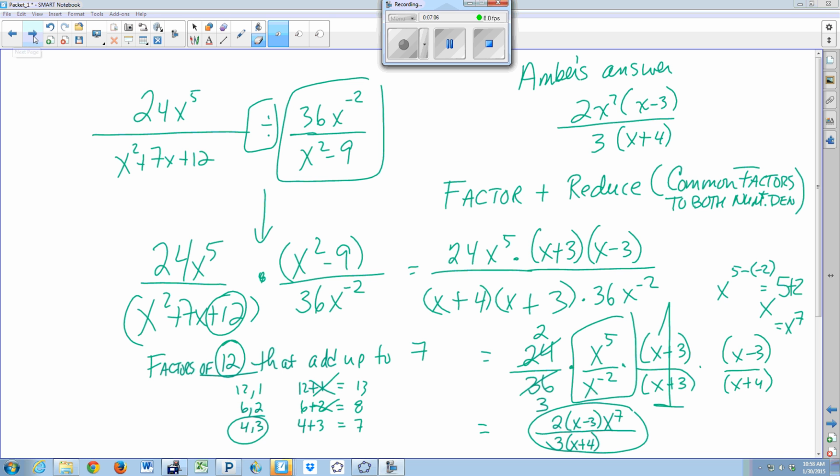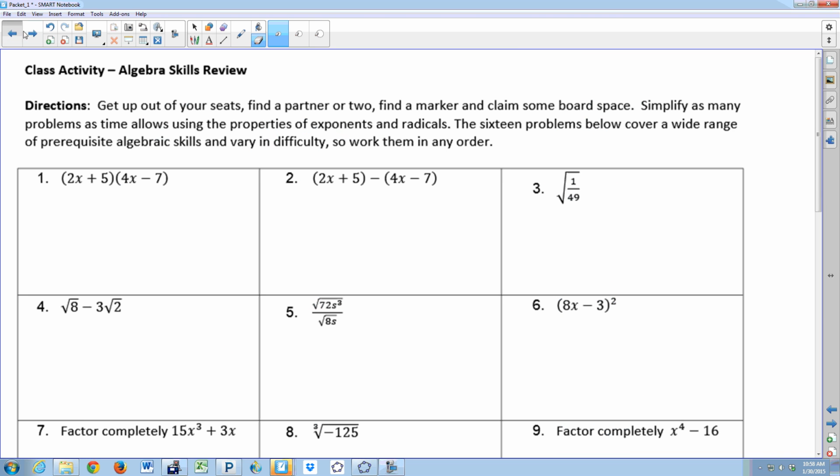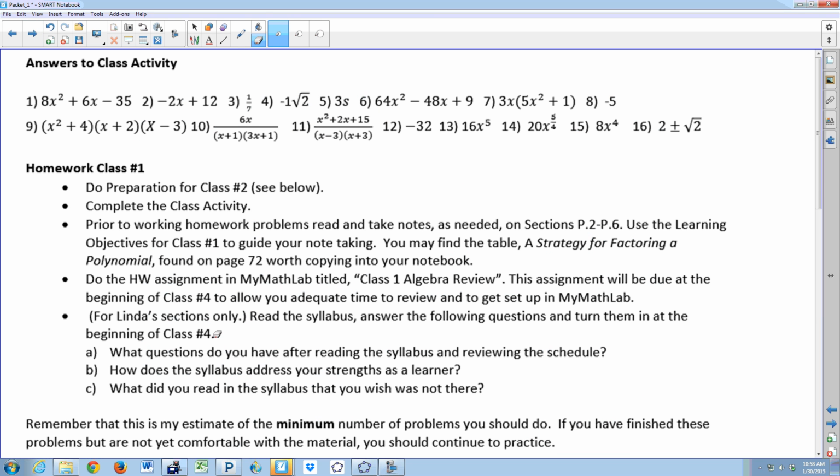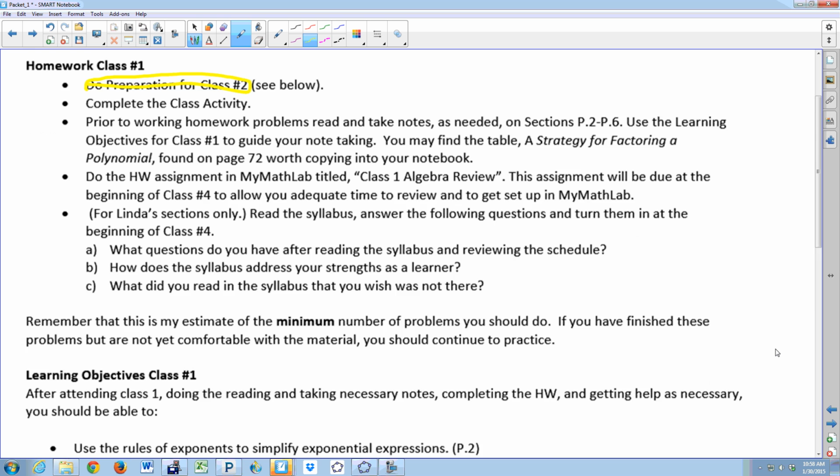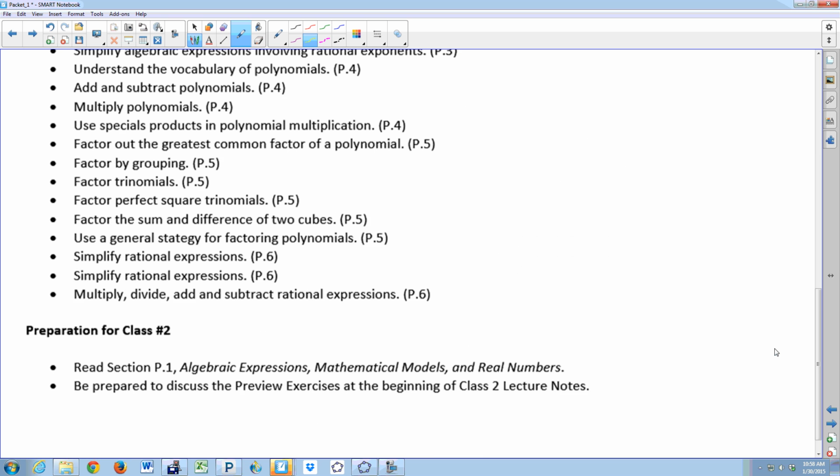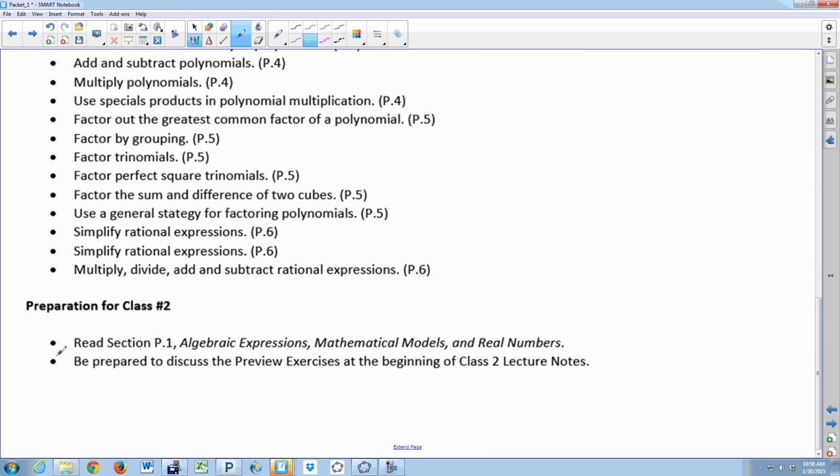All right, so for today, let's go to your homework. Part of your homework was to do preparation for class 2. And what does doing preparation for class 2 look like? You go down to the bottom of the page, and here's your preparation for class 2.